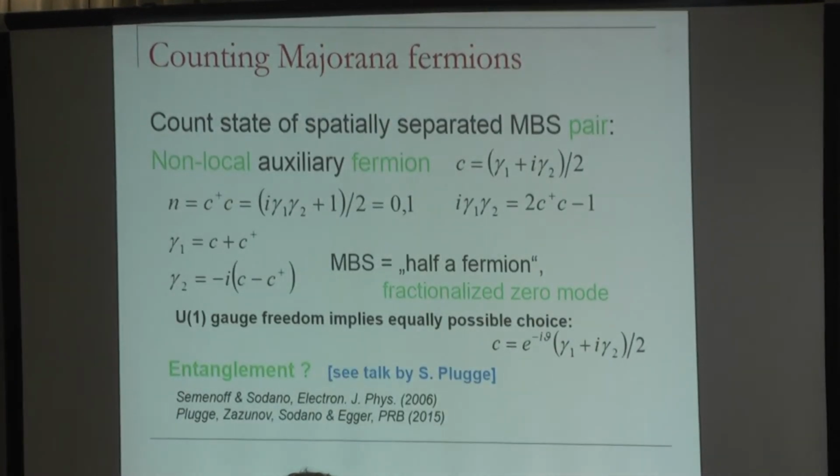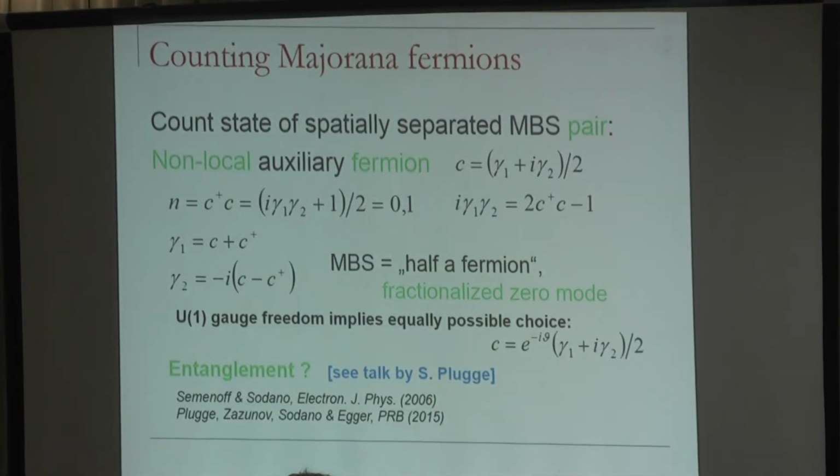So we have seen counting Majorana fermions is possible by using auxiliary fermions that combine two Majoranas. This you can always do, but it's a non-trivial statement if gamma 1 and gamma 2 have spatially different support, so if they live at different regions of space.